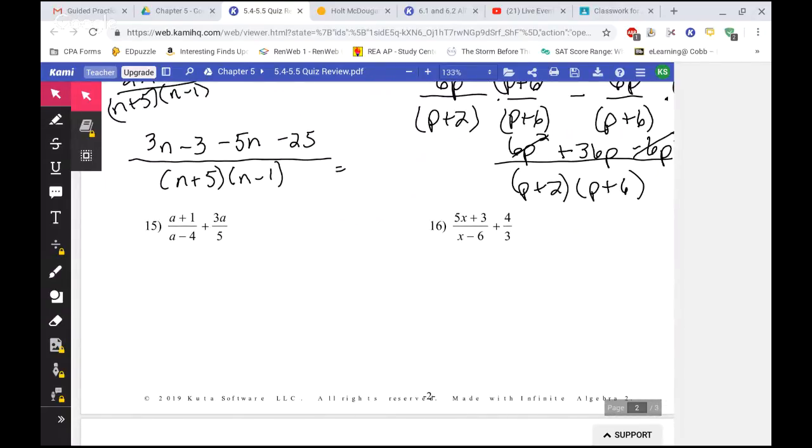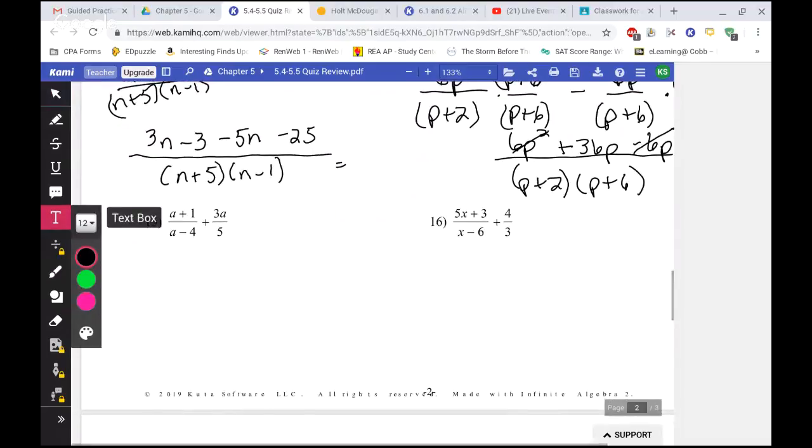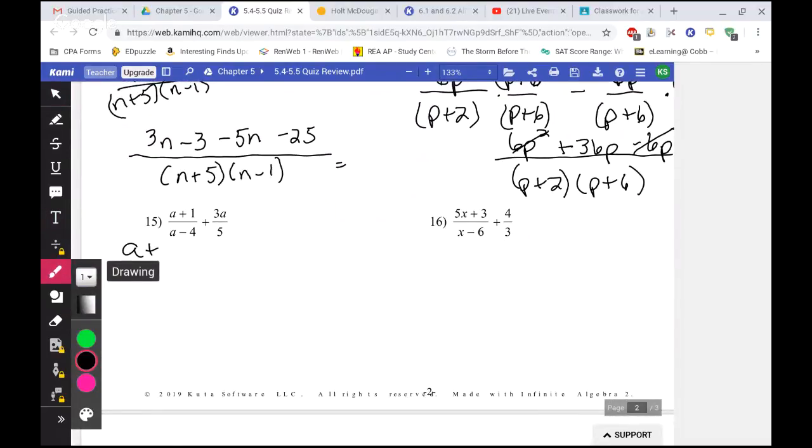All right. On this last one, we're going to multiply this first rational expression by a 5 in order to get a common denominator. And the second part, we're going to multiply the top and the bottom by a minus 4.